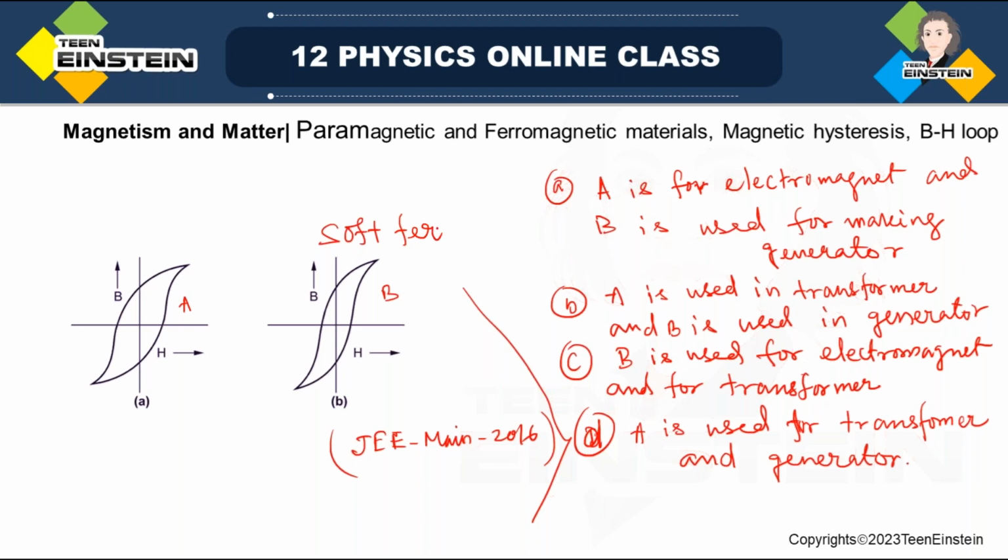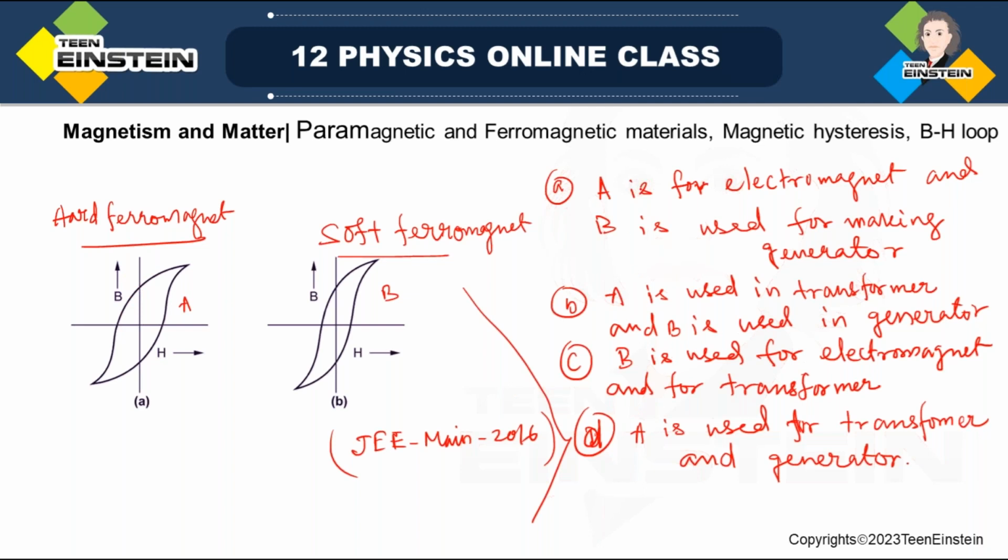A soft ferromagnet is used in electromagnet and transformer, and a hard ferromagnet is used for making permanent magnet and generator.